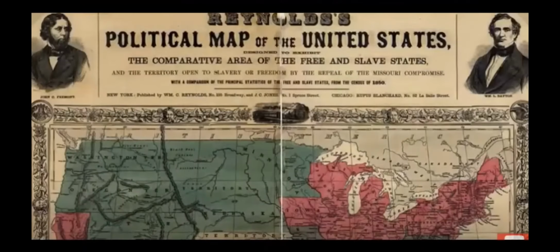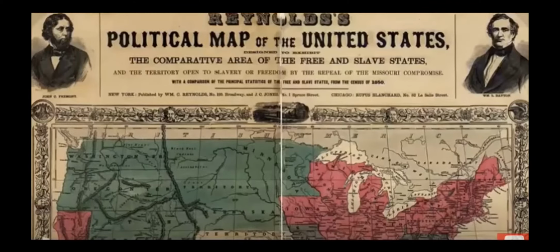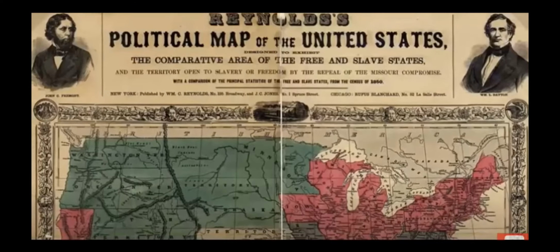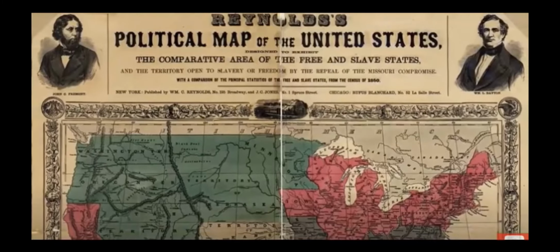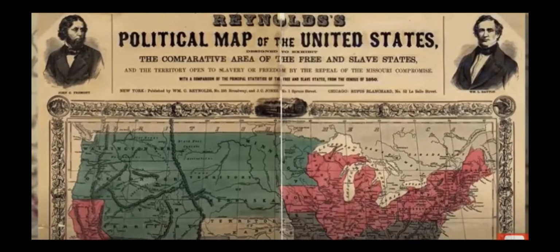Northerners just cannot stomach the Kansas-Nebraska Act. They cannot, whether they're Democrats or whether they're Whigs, get with the idea that slavery might possibly go above the old Missouri Compromise line, and it is the Kansas-Nebraska Act that sparks the emergence, it's the direct cause of the emergence of the Republican Party.